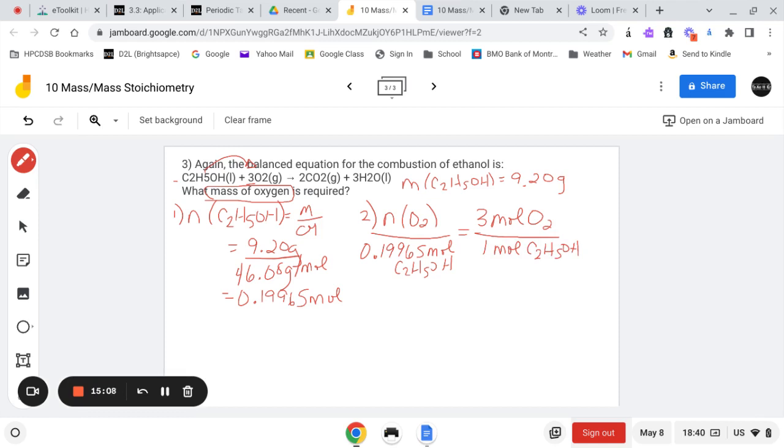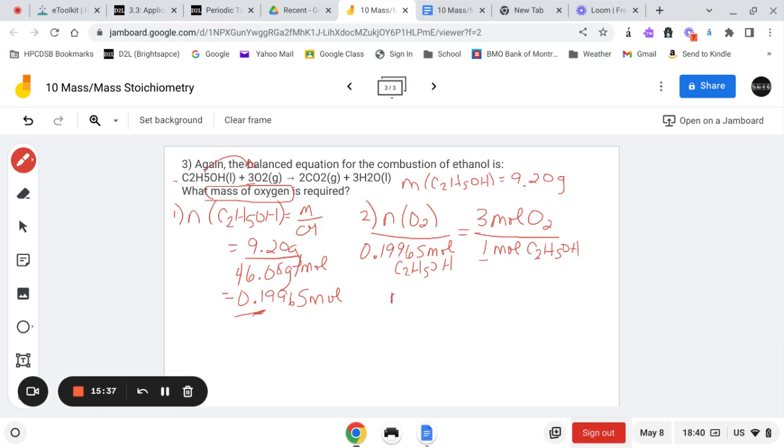Okay, so again, you know what these coefficients mean. If I had 1 mole of ethanol, and I don't, I have 0.2, I would need 3 moles of oxygen to react. And I don't have 1 mole, I have 0.2 over here, but I still need a 1-to-3 proportion. So we're just going to cross multiply by 3 and divide by 1.